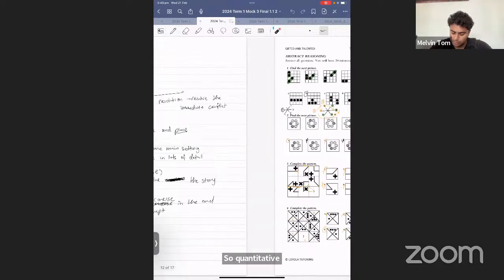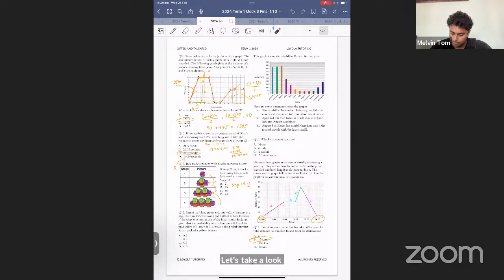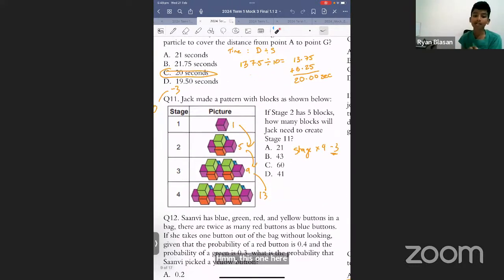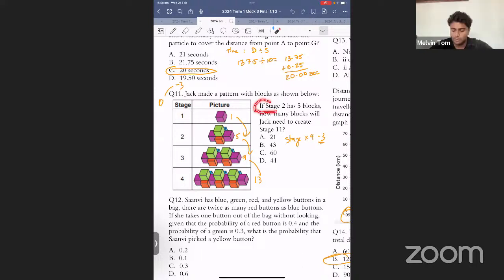Let's take a look. This one here. How will we know if, for the second stage, for example, there are 4 ones, that it is a 5th one, because there might be one inside? Yes, it's because the question says here.